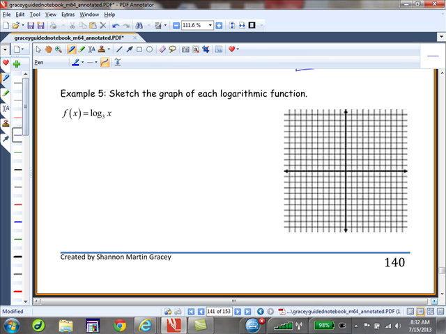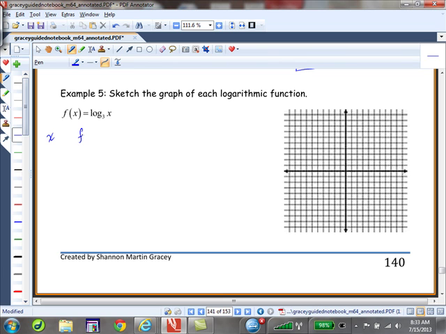I'm going to graph it directly, but if you need to graph g of x equals 3 to the x and reflect it across the line y equals x to get the graph, that's okay.